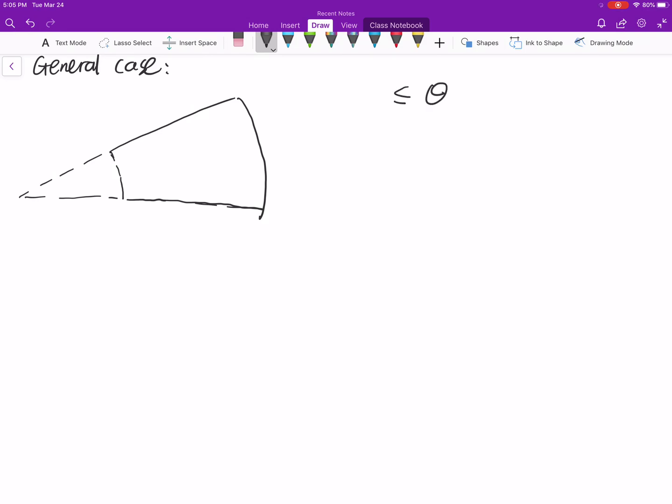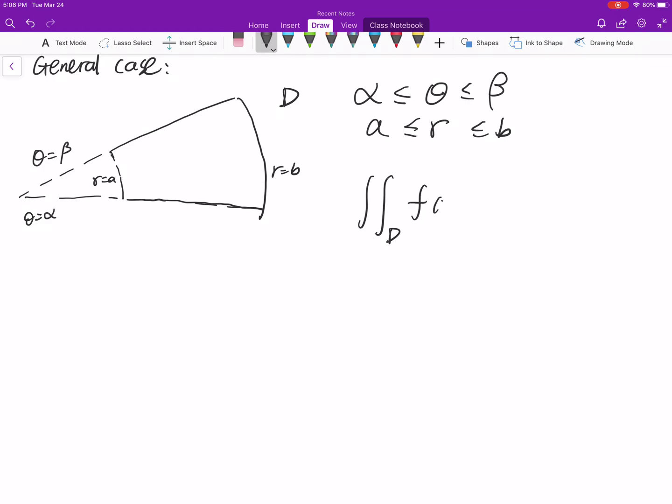Theta is between alpha and beta, R is between A and B. So theta equals alpha, theta equals beta, and R equals A, R equals B. This is called domain D. So what is the integral of function f over domain D?